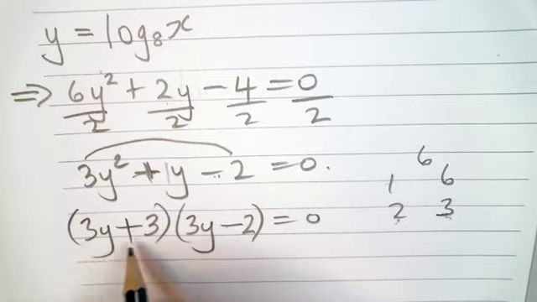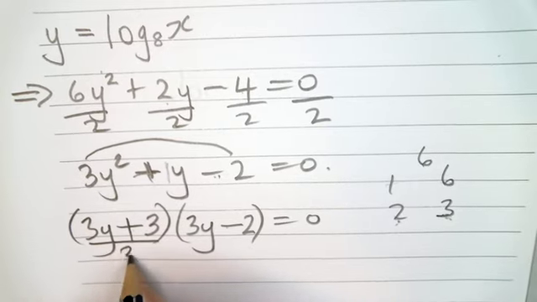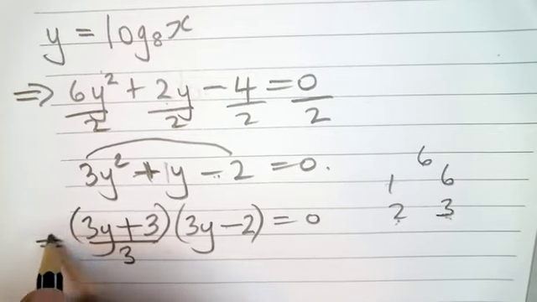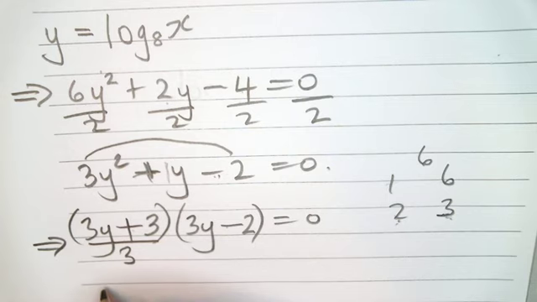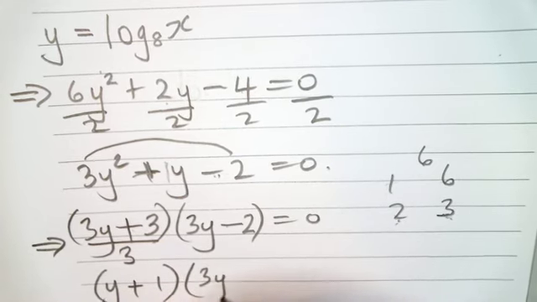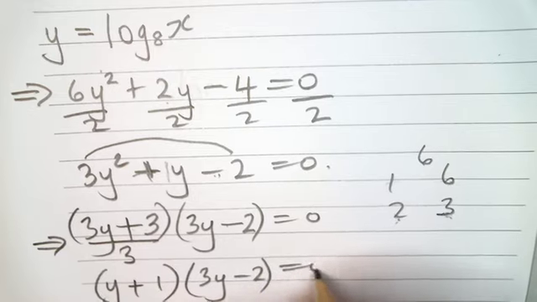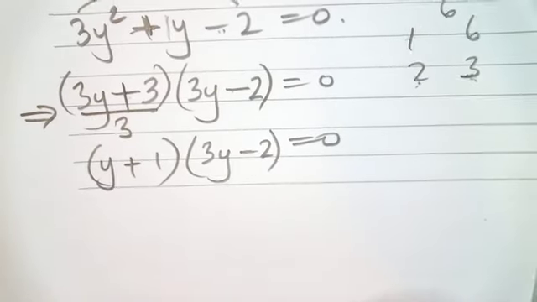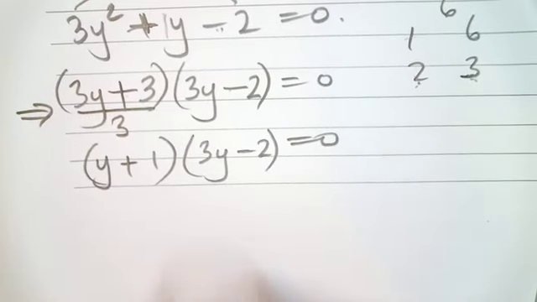All right, so we can divide that by 3, so we have to do that. So that implies that that is true. 3 goes into 3y, y plus 1 times, and 3y minus 2 is 0. Okay, let's see if we can solve now for y.